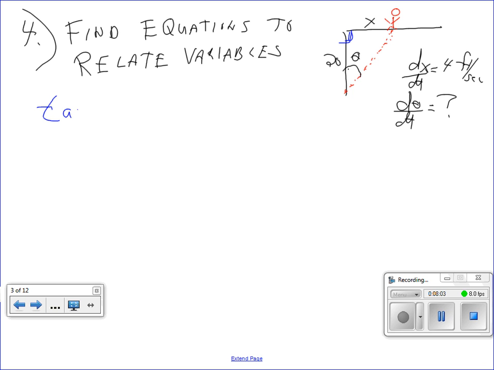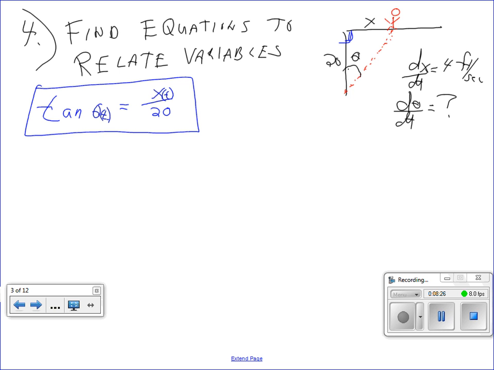The tangent of theta is equal to x over 20. Now notice I don't write this down, but x is changing with time, and theta is changing with time. That's kind of implied. So that's my relationship.